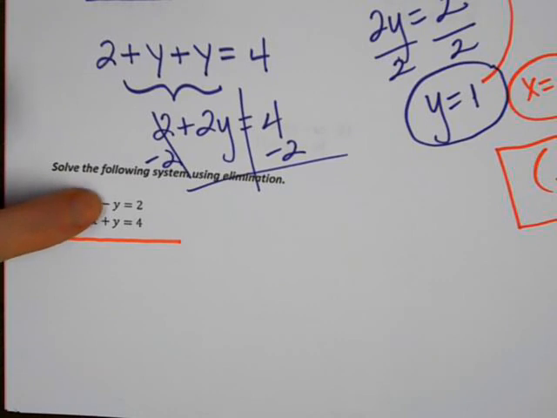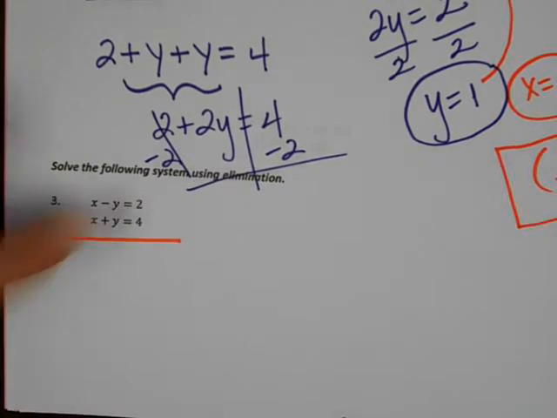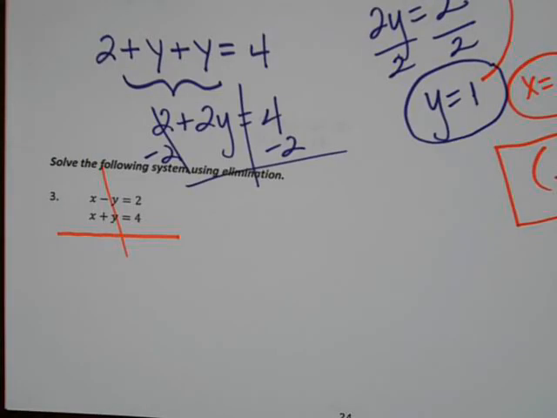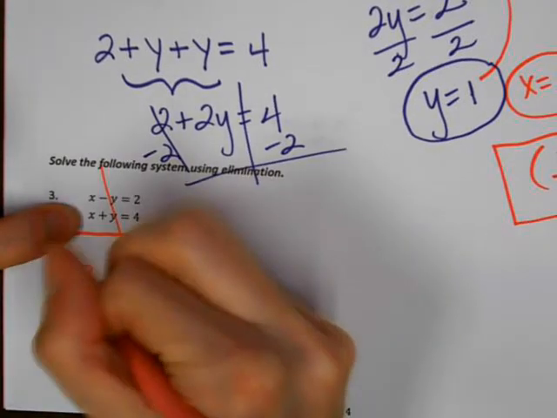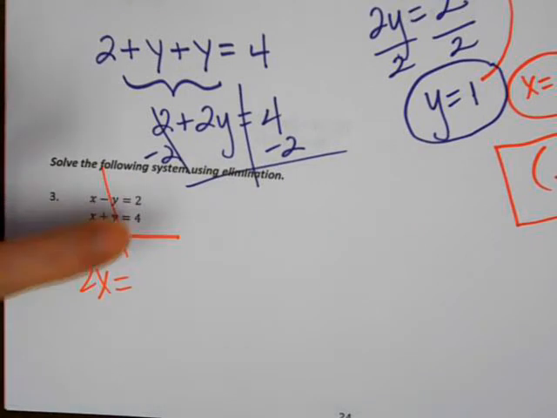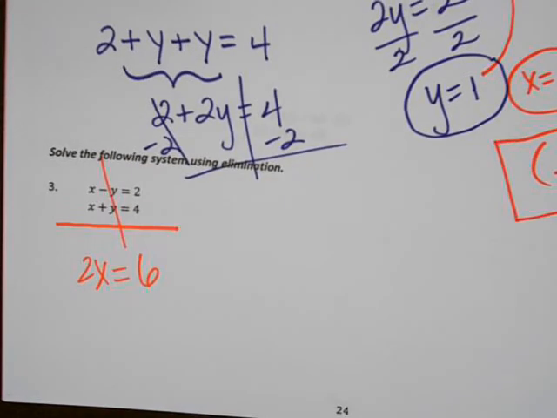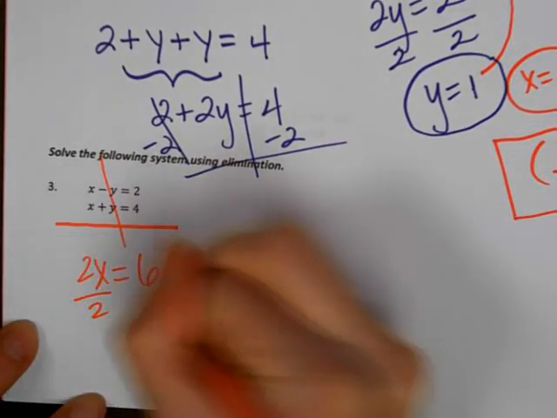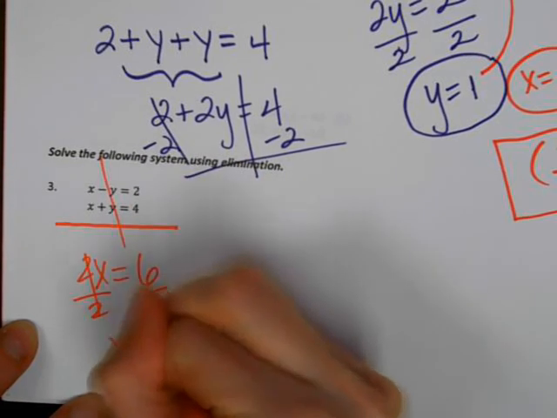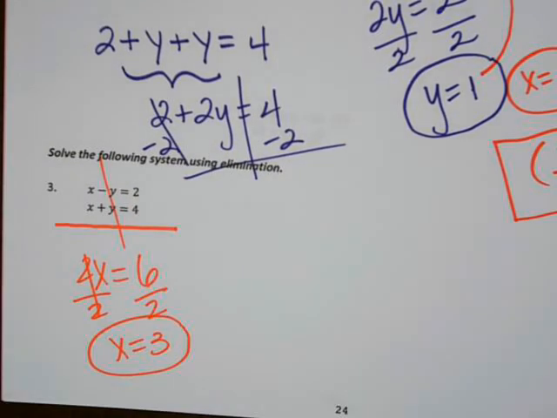Because look, negative y plus y cancels. So now just add like terms. 1x plus 1x is 2x, and 2 plus 4 is 6. And then divide by 2, divide by 2. So x equals 3. So elimination for this one was super easy.